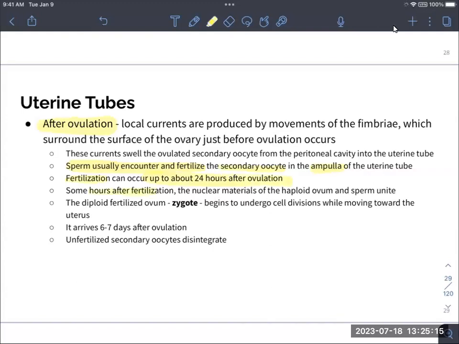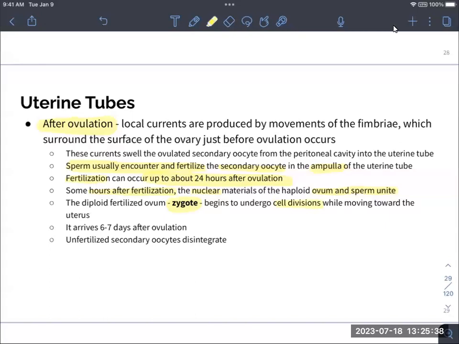Hours after fertilization, that nuclear material, that DNA, of the ovum and the sperm are going to unite. They come together to form that zygote. This is when rapid cell division starts to occur.